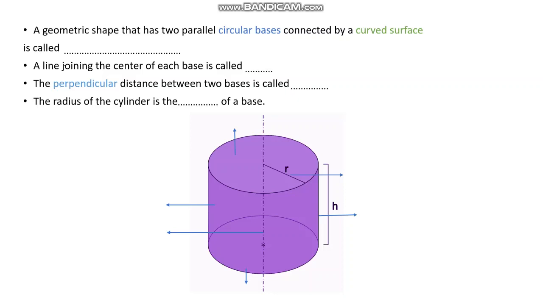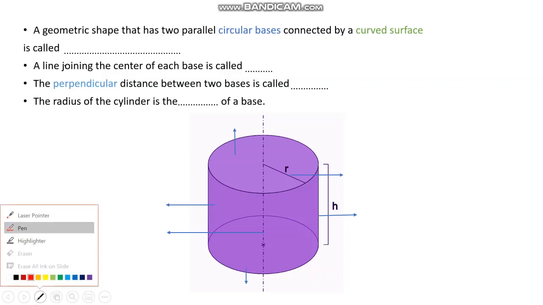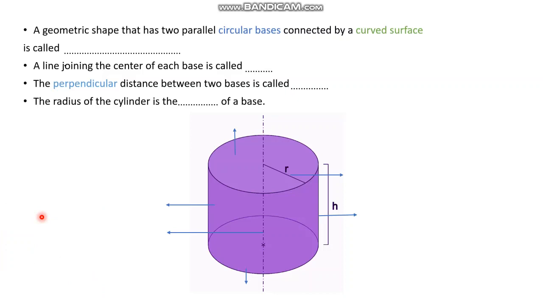Now let's focus on the important parts of a right circular cylinder. First, a definition: a geometric shape that has two parallel circular bases connected by a curved surface is called a right circular cylinder.